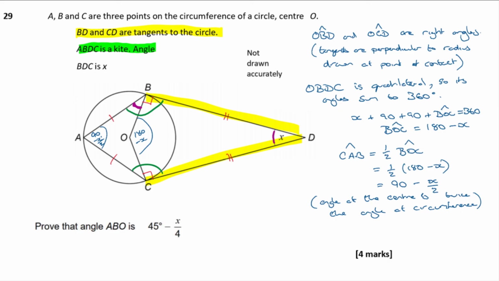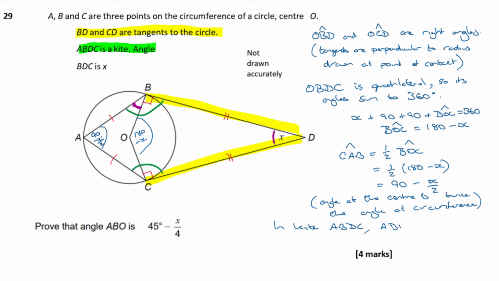So I can say that in kite ABDC, I know the two ends, don't I? X and 90 minus X over 2.